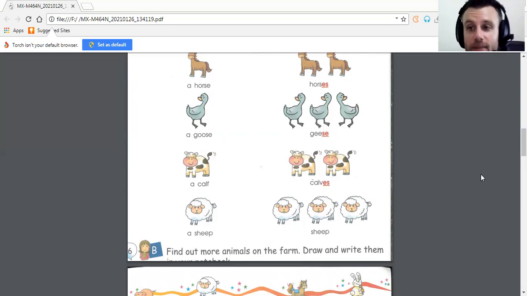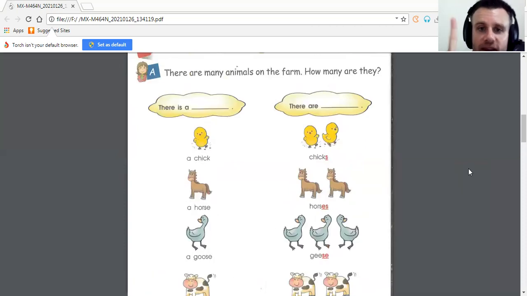Like fish, it's the same. You don't have any s or es. So a sheep, three sheep. You just have to learn that, and try to use it. Don't forget: one animal, there is; more than one, there are.